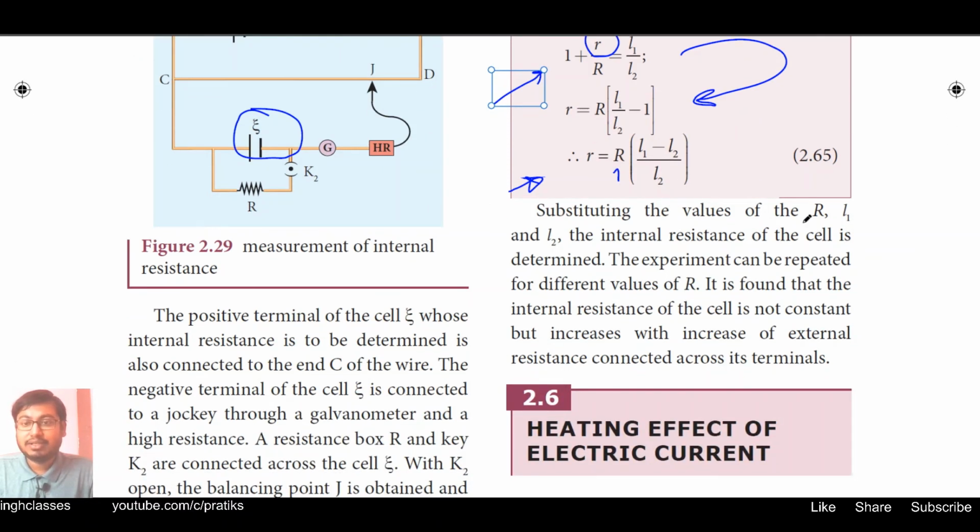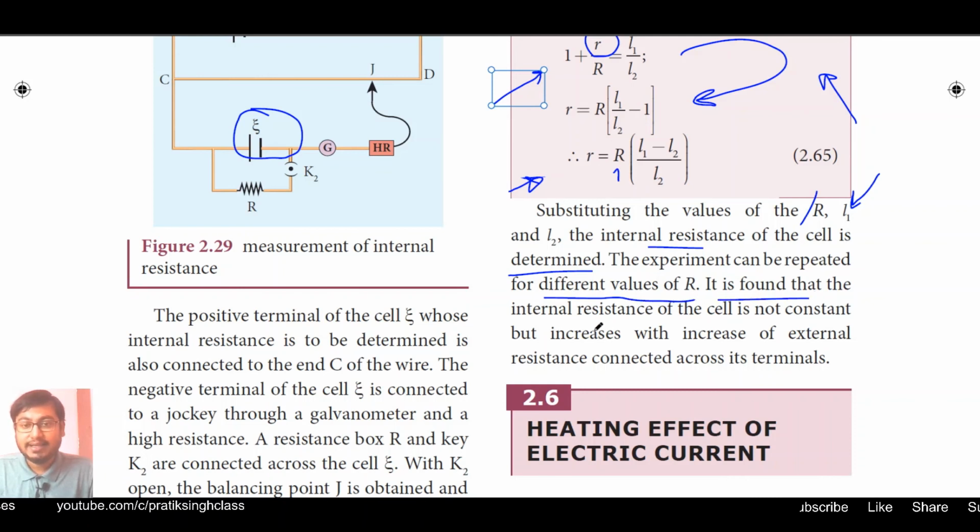Now substitute the values of external resistance, which was taken as 10 ohm, then the L1 value and L2 value, and we get the value of small r, the internal resistance of the cell. The experiment can be repeated for different values of R.